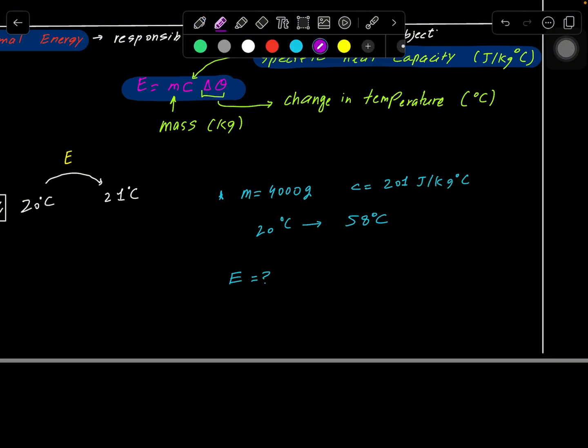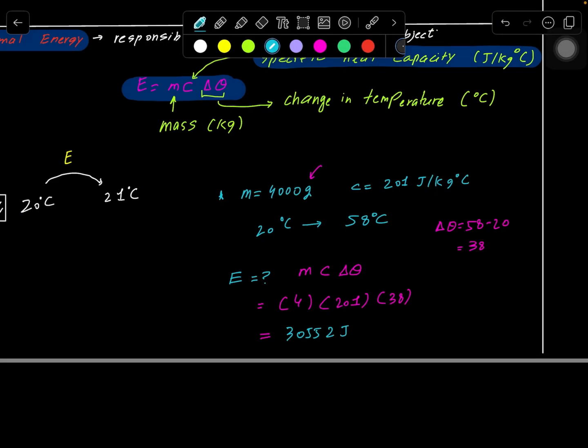Simply write down your formula, MC delta theta. Plug in values. Mass is given in grams, so you have to convert it into kilograms. 4 kilograms, the value of c is 201, and the change in temperature from 20 to 58. So what's the change? It's 58 minus 20, that would be 38. Plug in these values in your calculator, and you would get your answer to be 30,552 joules. And you can also write it to be approximately 31 kilojoules.